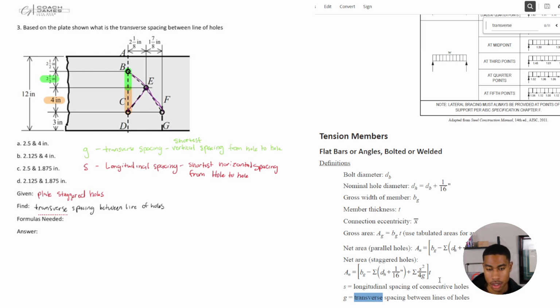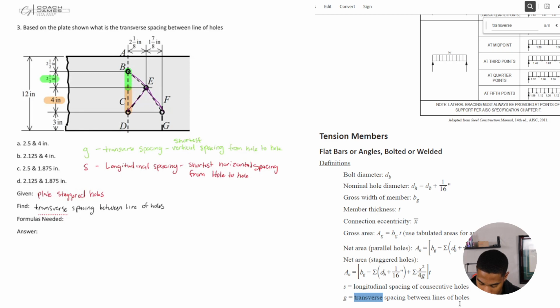What do I mean by that? Well, you're only looking at your holes, and that means you're looking at the horizontal distance.